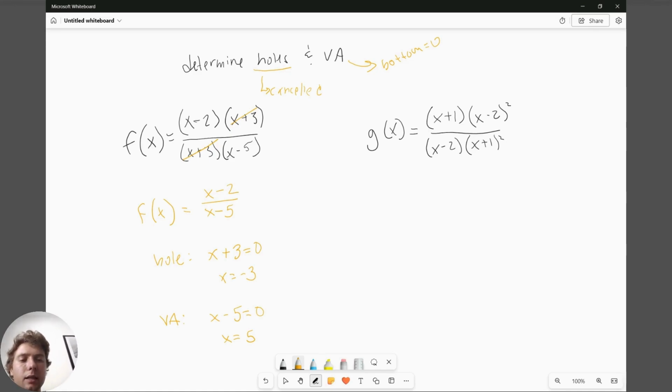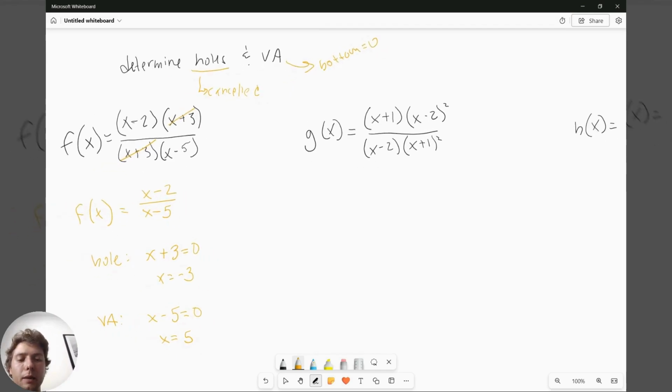This can get a little bit more complicated when we look at this next function. And let's see how this one simplifies. One thing we can do is I have x minus 2 squared on top divided by x minus 2.